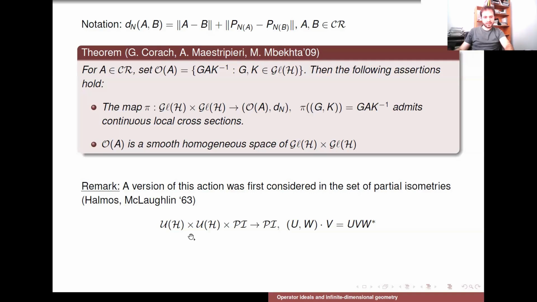But in this case, instead of the invertible group, we have the unitary group. This action in the set Pi of partial isometries of a Hilbert space has a nice property because the connected components are given by orbits of this action.